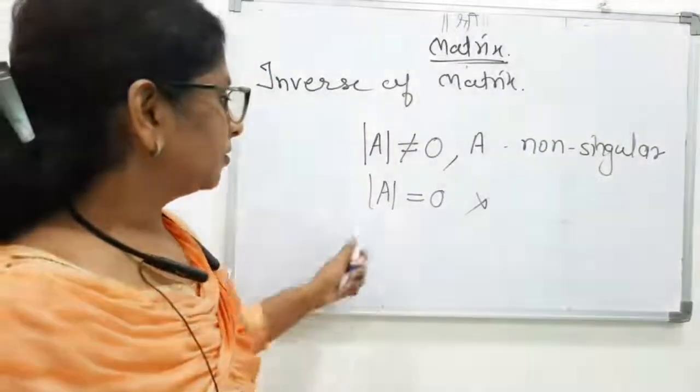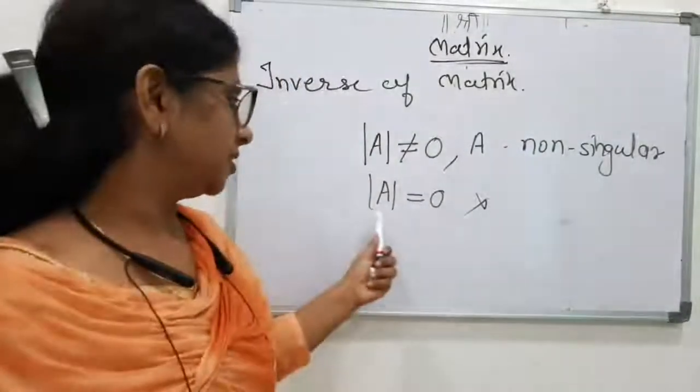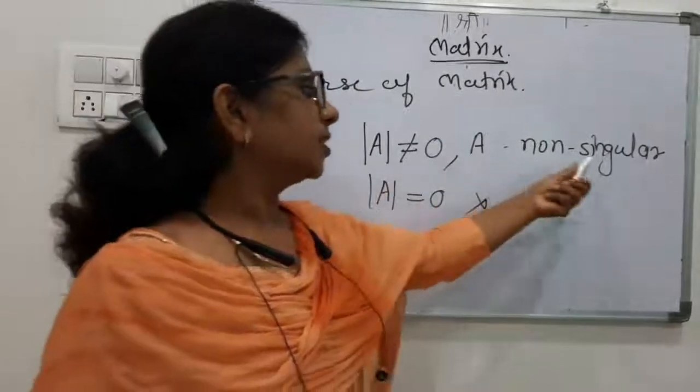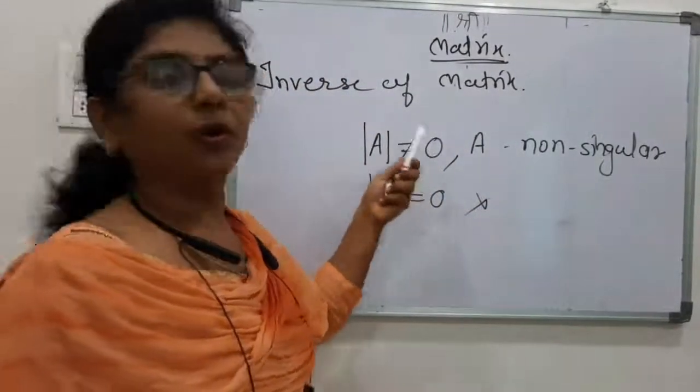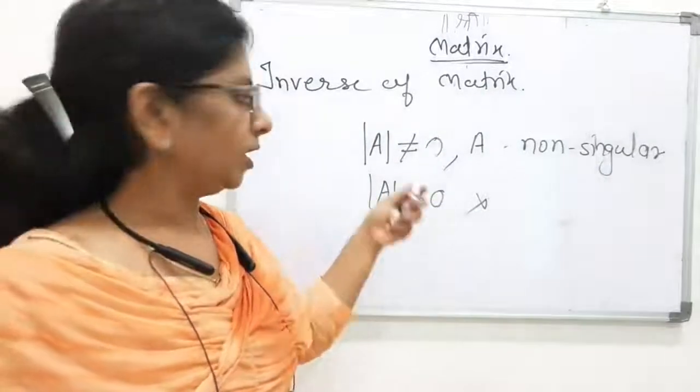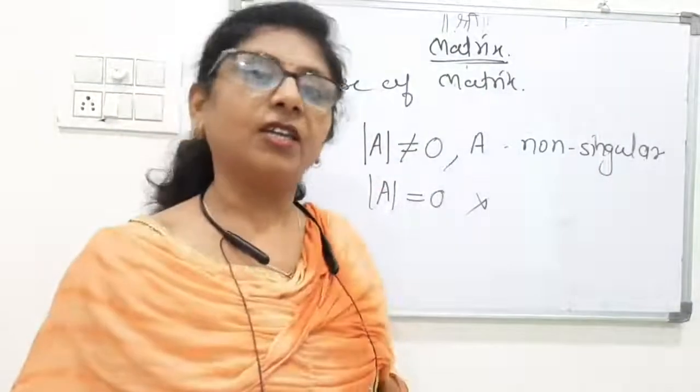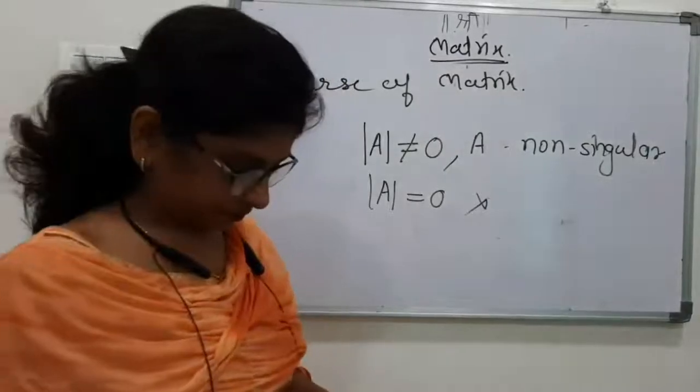The inverse of A does not exist if it is a singular matrix. So what is the condition? Determinant of A should not be 0, it should always be non-zero.